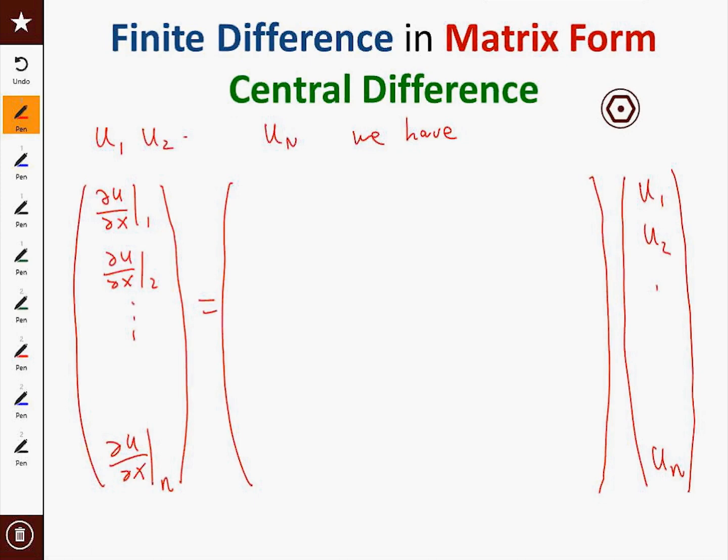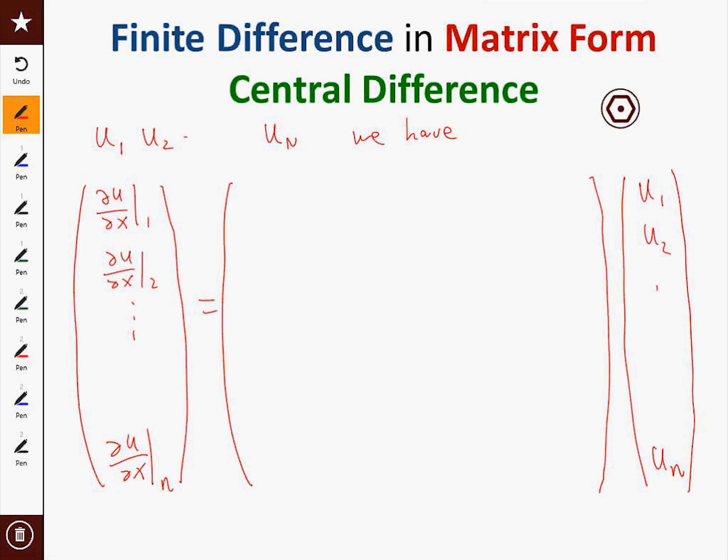Think of n as 1,000,000. I don't know if some of you have heard of the term sparse matrix. That is why sparse matrices were invented, because usually people don't have enough memory to store a 1,000,000 by 1,000,000 array. I'm going to talk about that later, but sometimes you have this joint matrix.